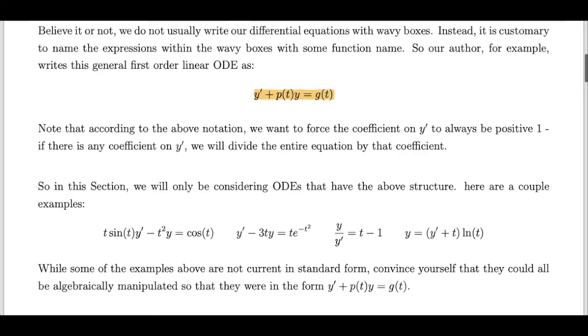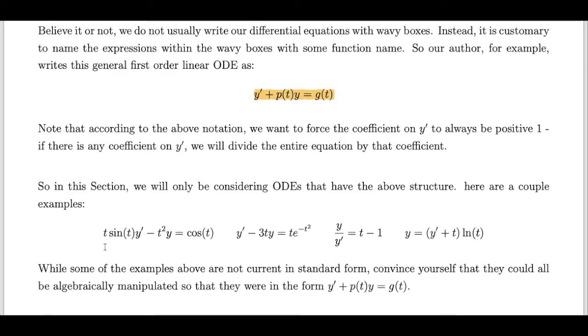Further down the page, I provide some examples of first-order linear ODEs, and I note that these don't necessarily have our standard form right away, but I think you'd agree that there's just a couple simple steps of algebra which would allow us to manipulate these so that they would be in the standard form.